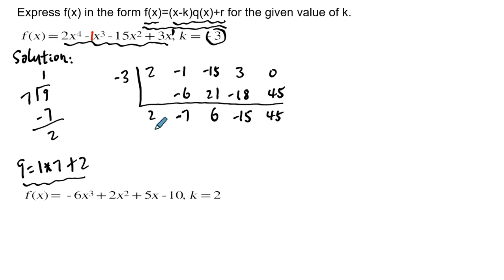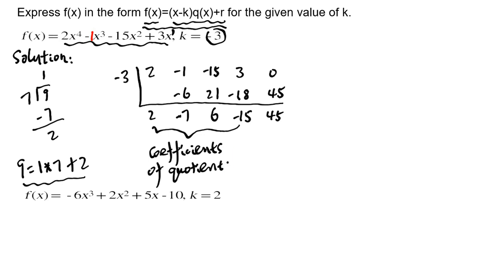Okay, and then the first 4 terms are actually coefficients of the quotient. Here is the quotient, and then here is the remainder.